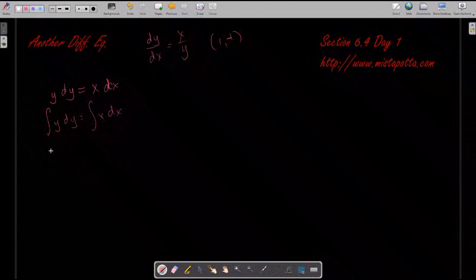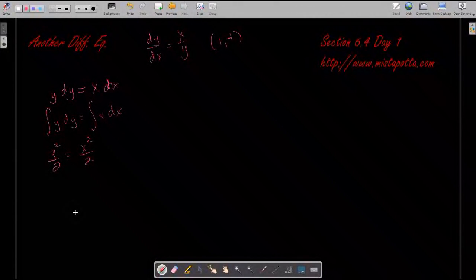And that's going to give me y squared over 2 equals x squared over 2. My step 3 is to make sure I deal with my constant of integration. I put it with my independent variable.